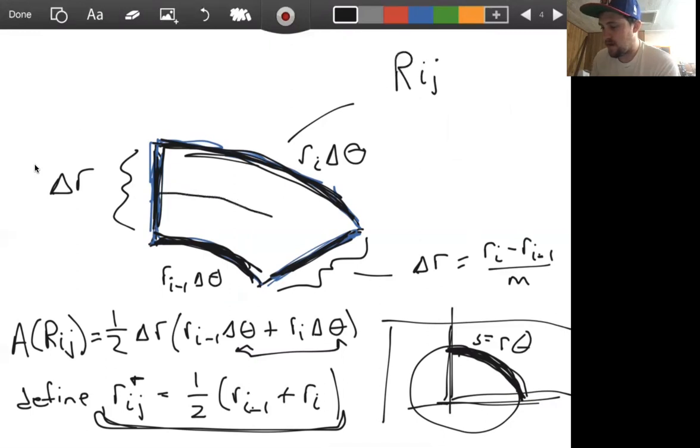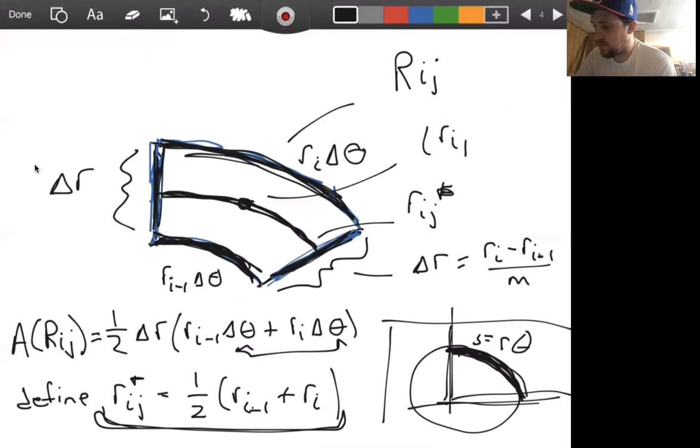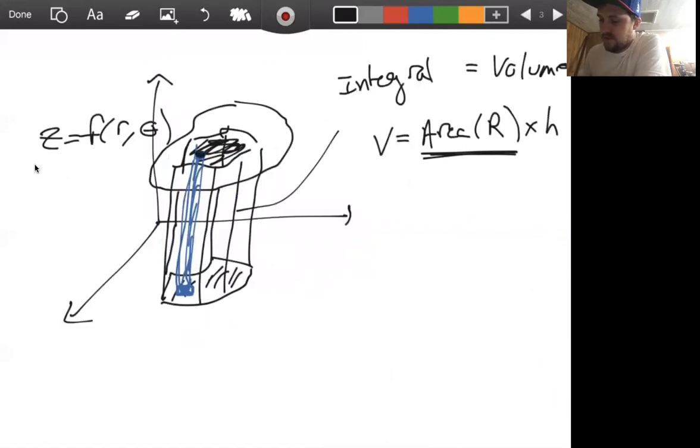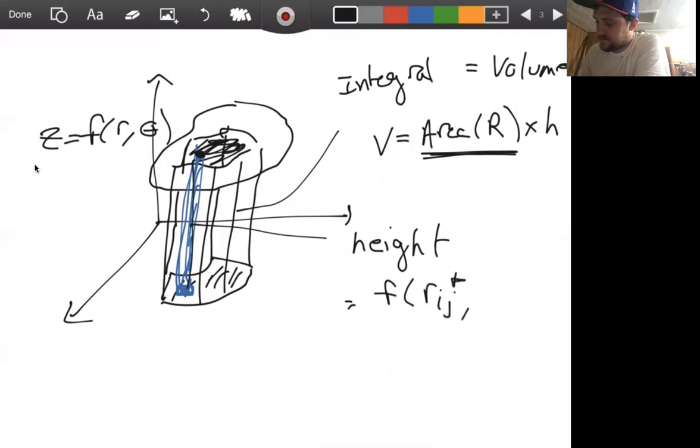So that's going to put us at a halfway point between these two. Then we can pick a point on this radius, the point R_ij star, theta_ij star. Then we have a test point that we can plug into f. The height here is going to be f of R_ij star, theta_ij star.